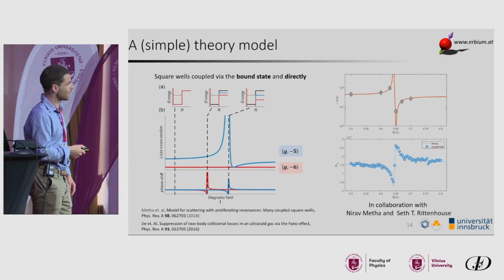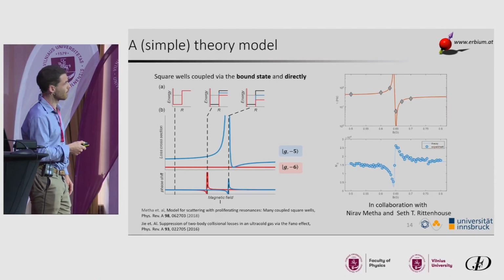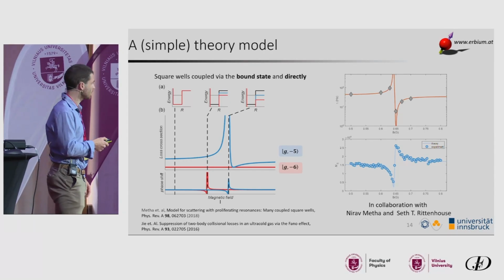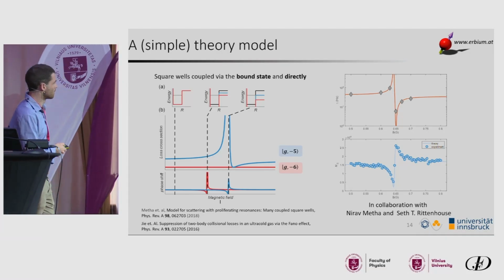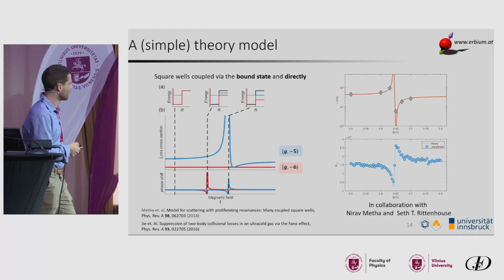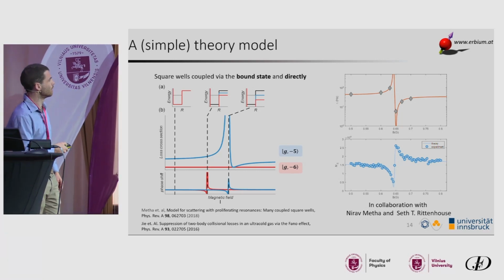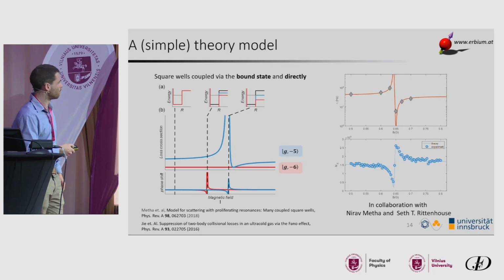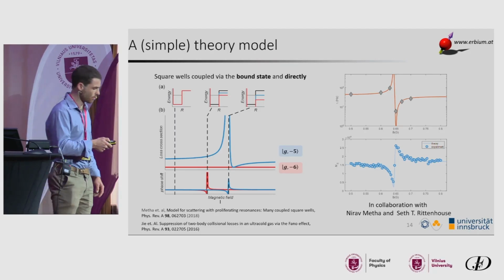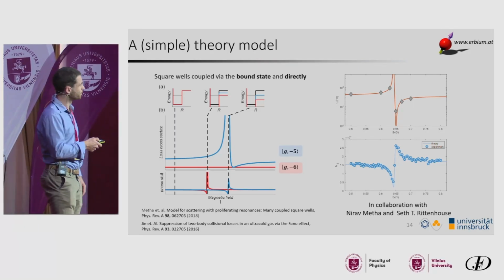And then you can very nicely, with just this square well model, fit the data again. That's the atom number, and that's the two-body decay rate. This model was done in collaboration with Meta and Seth Rittenhouse from the US, where they had already a first paper that we adapted to our model.